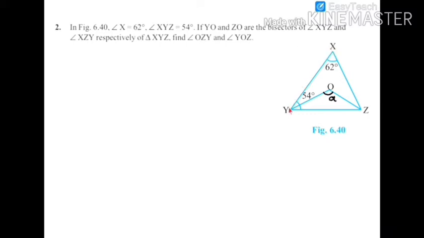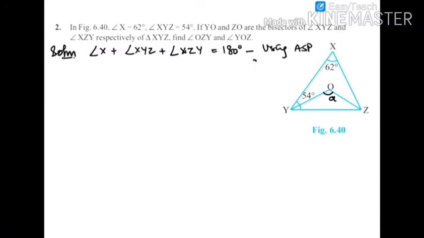In this triangle XYZ, we know angle X, we know angle Y, so we can calculate Z using angle sum property for the triangle. Also, notice that there are two triangles in this figure. So angle X plus angle XYZ plus angle XZY should be equal to 180 using ASP for triangle XYZ.